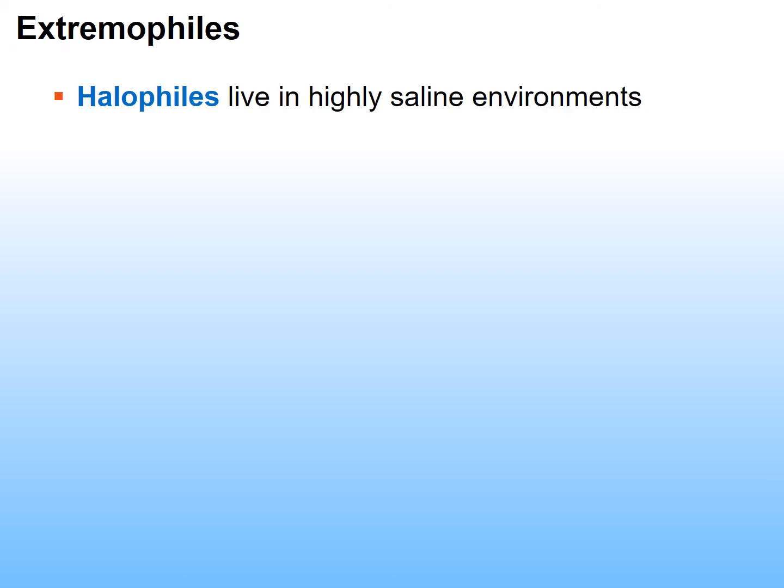The term for organisms that live in very extreme environments is extremophiles. Halophiles live in very highly saline environments. This means very high concentrations of salt, or sodium chloride, for example, the salt flats. There could be some organisms that can survive in that area.